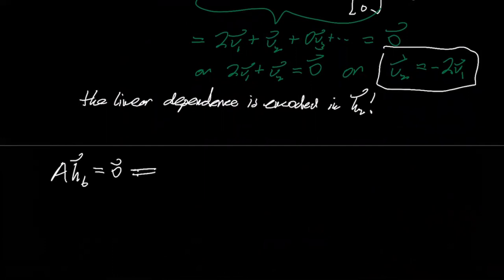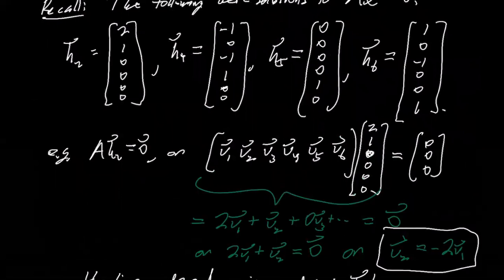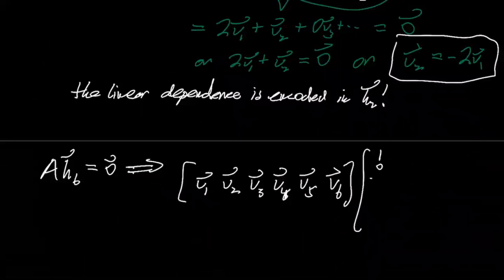Again, that means, let me just write this out again, V1, V2, V3, V4, V5, V6 times H6, which was this vector right here, 1, 0, minus 1, 0, 0, 1, equals the 0 vector.